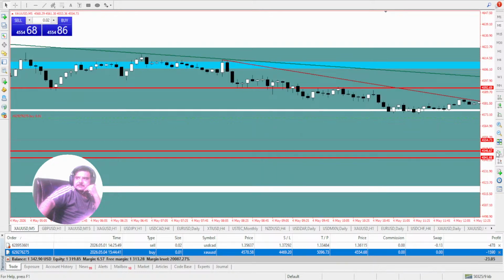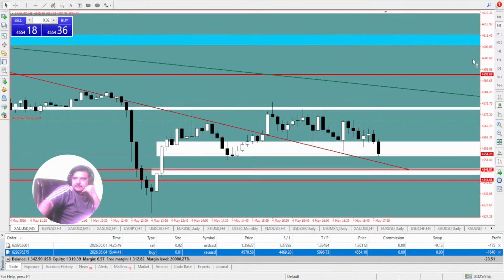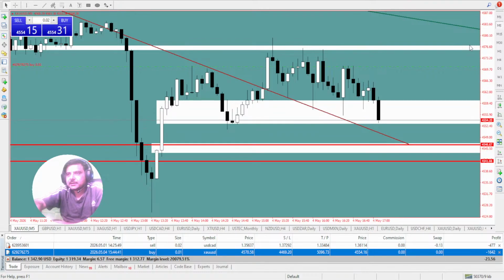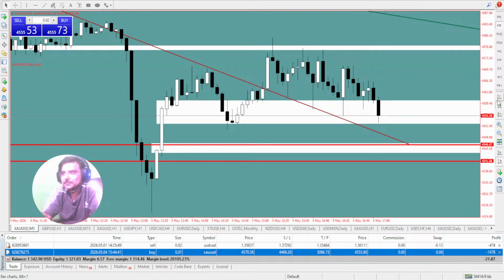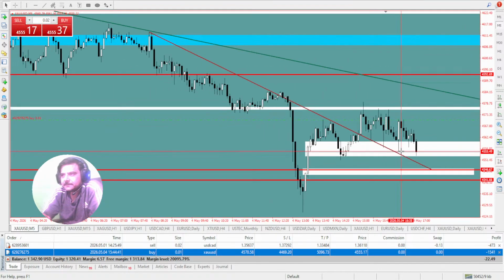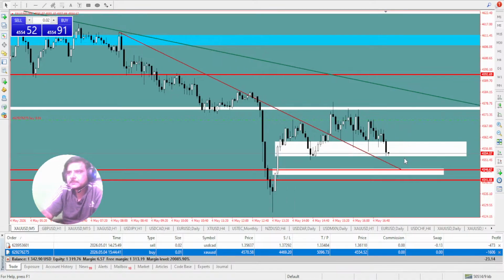Let's see. I'm happy at least the market moved a little bit. Slow markets are very boring. This pattern will still be trying to form, but if the candle closes below this, then no. This liquidity grab is going to happen.